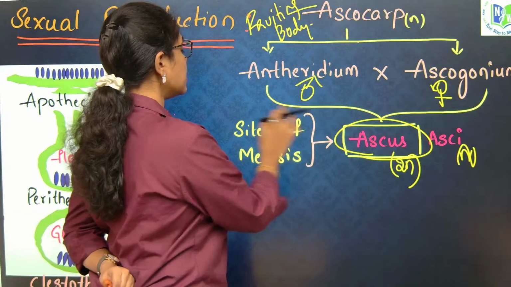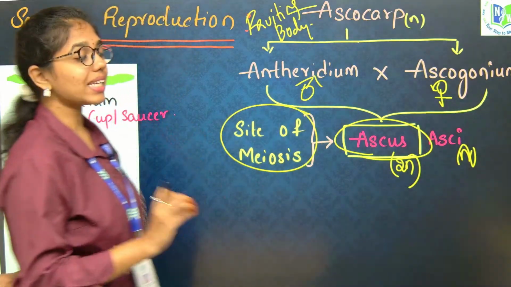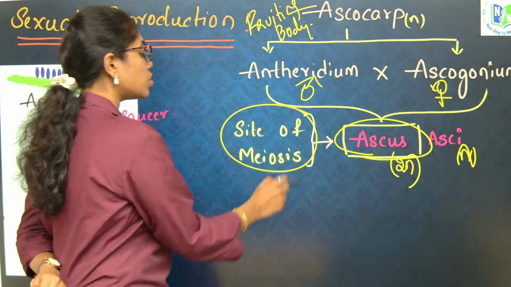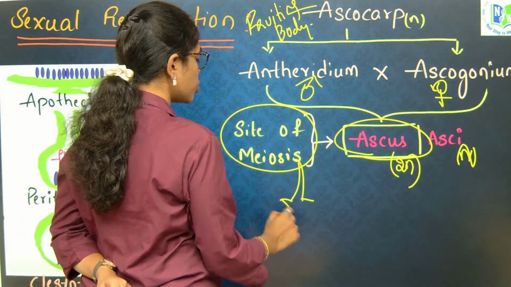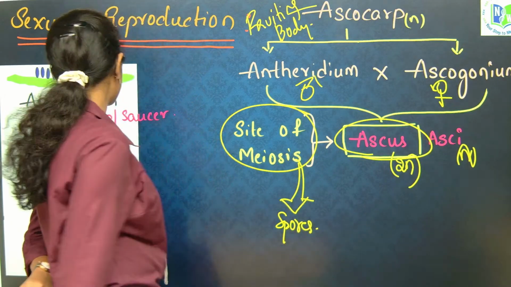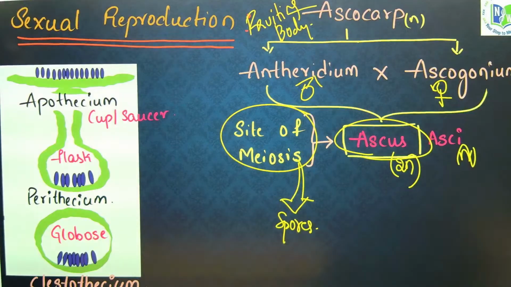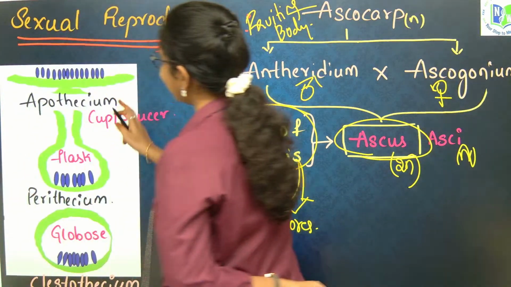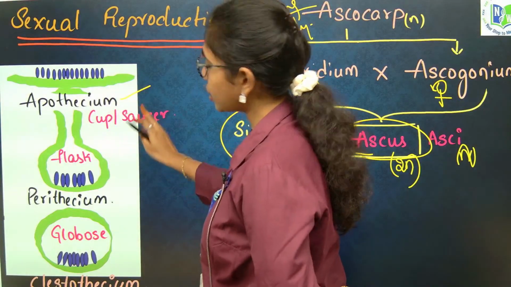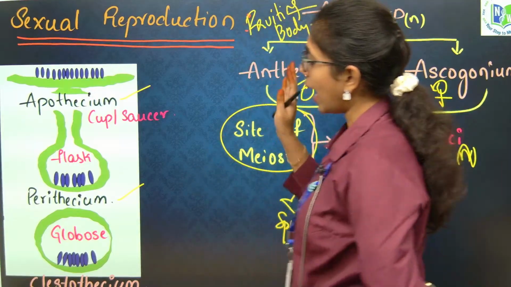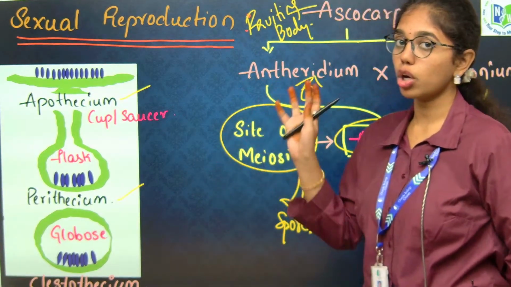Inside ascus, meiosis will happen. Ascus is the site of meiosis. Post meiosis, spores will be released. So, here three different shapes of ascocarp are formed. One is apothecium, which is cup or saucer shaped, perithecium, which is flask shaped, and cleistothecium, which is globose shaped.